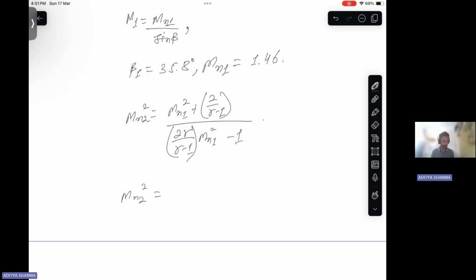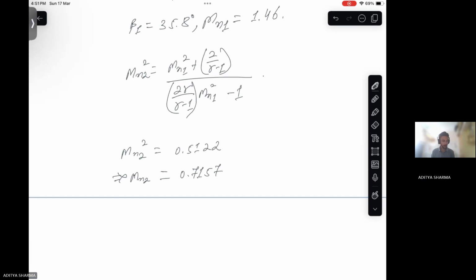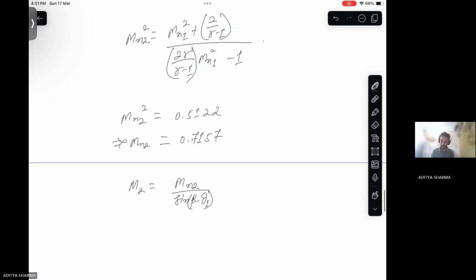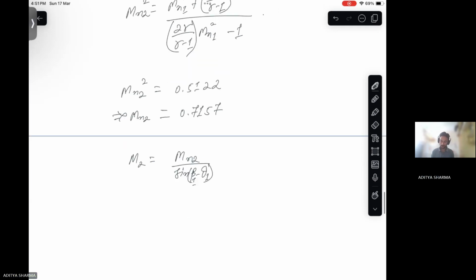So from this formula, Mn2 square comes out to be 0.5122, which implies if we take the square root of it, Mn2 comes out to be 0.7157, right? And now we know that M2 equals Mn2 divided by sine (beta 1 minus theta 1). So if we work this out, it comes out to be 1.7736, right? So this is our answer to question number 13.